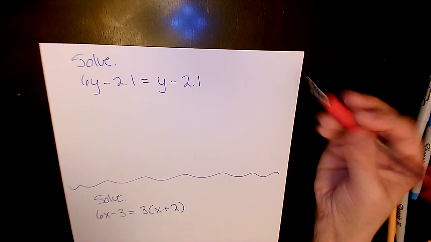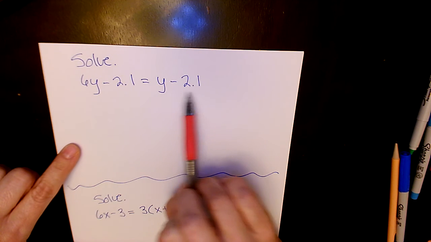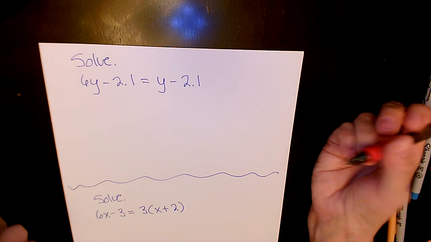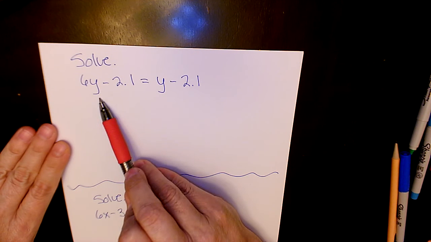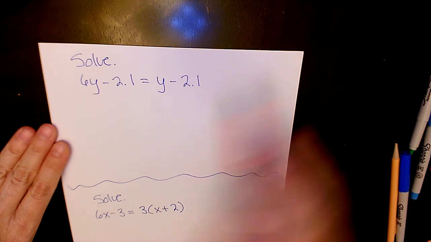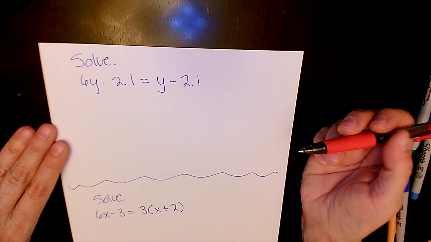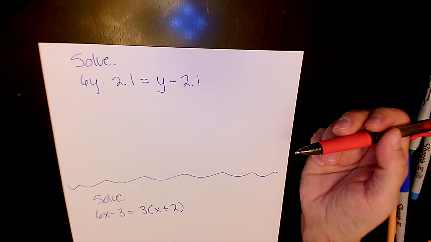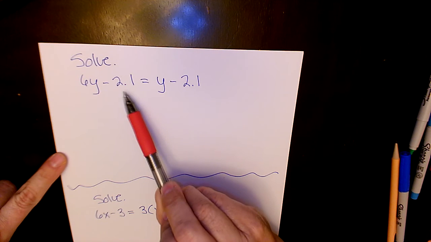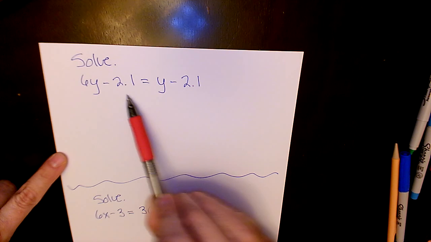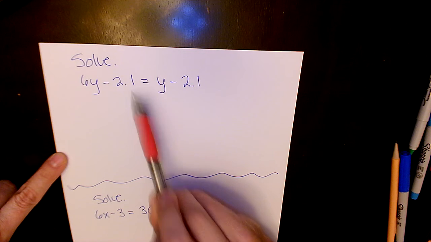We want to look and see first, are there any like terms, or any parentheses, or anything we can simplify first. And I see here that I don't have any like terms at all. I don't have anything I can simplify. So I'm going to go to step 2, and like I said, I like to start with the numbers or the decimals first.